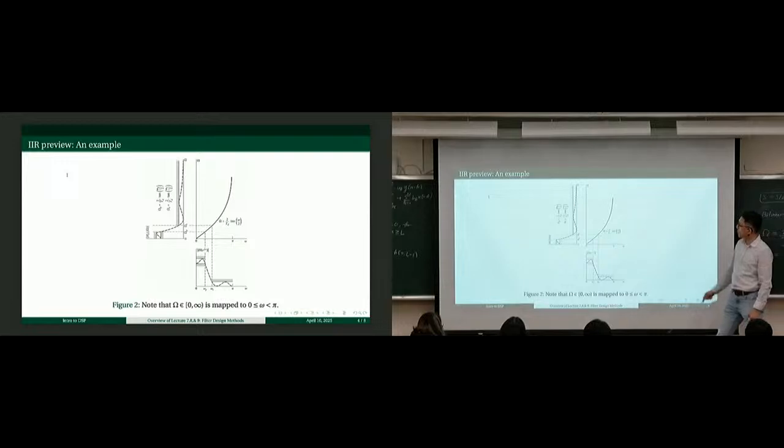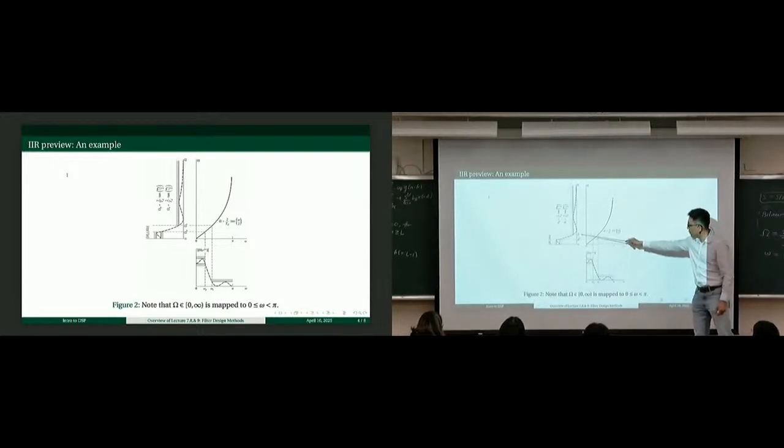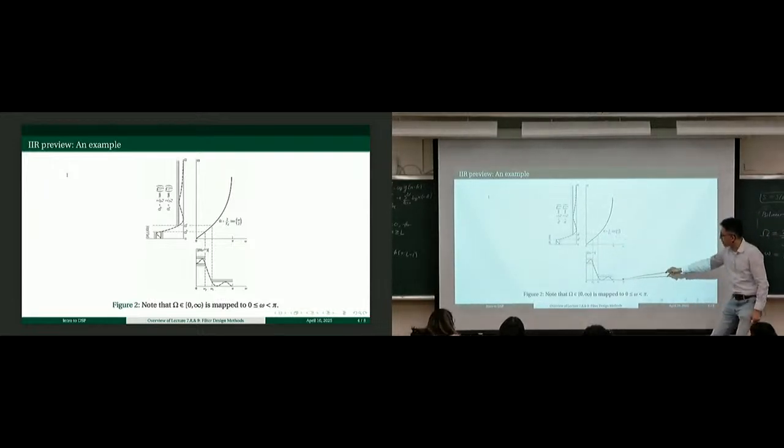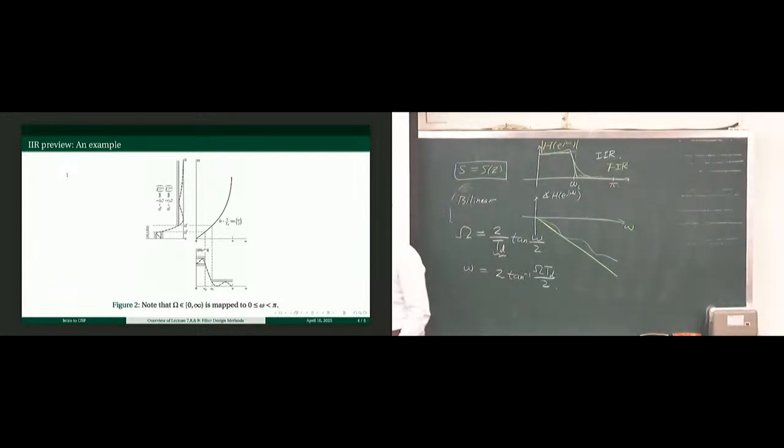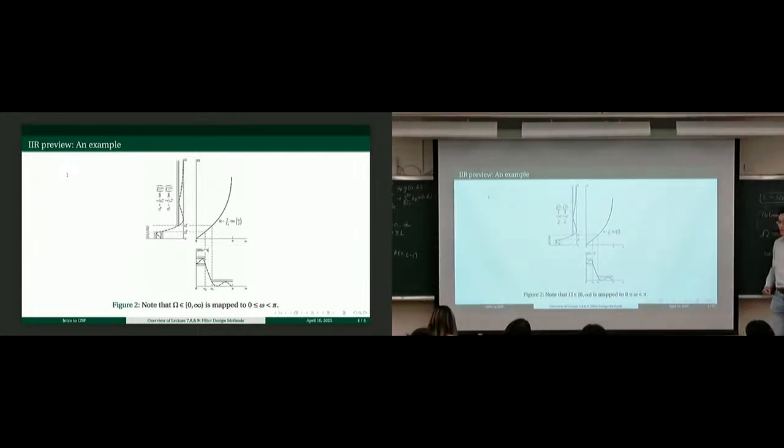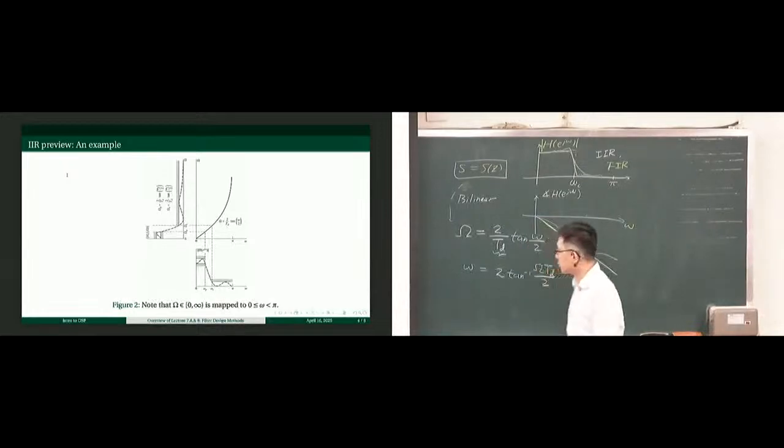So we begin with a prototype, and then we can obtain a design of a digital filter. So that's the idea. Okay, the idea is to borrow from analog, and then make it digital. So that's a tricky but interesting way to design a digital filter by starting with analog.